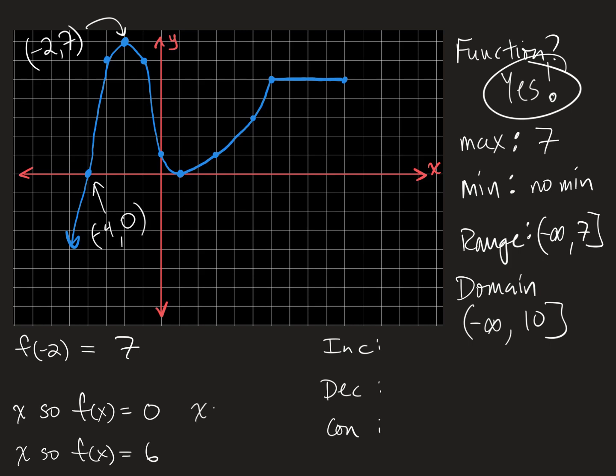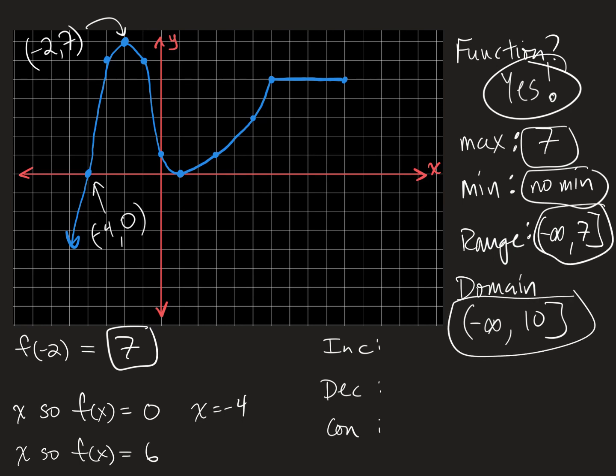So we know x will be -4, but not only do you have to look left for this, you also have to look right. So when you find that y value of 0 on the y-axis, yes, there's an ordered pair over here with a y coordinate of 0, but there's also one over here with a y coordinate of 0. So let's say (1, 0). So that means x could either be -4 or 1.